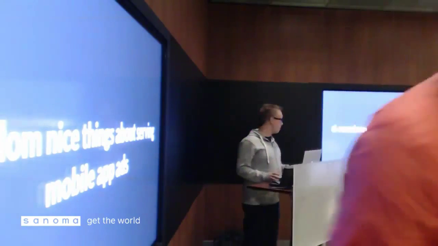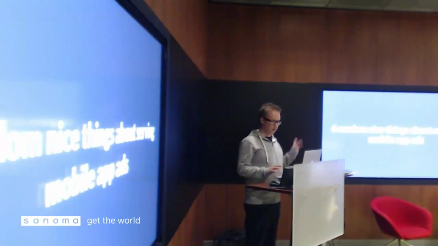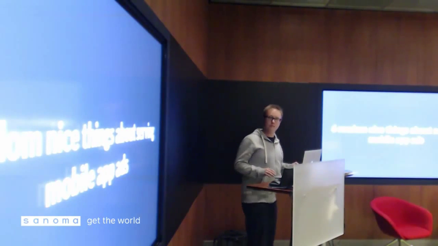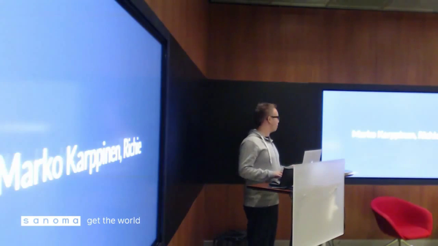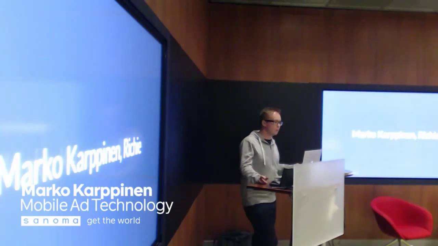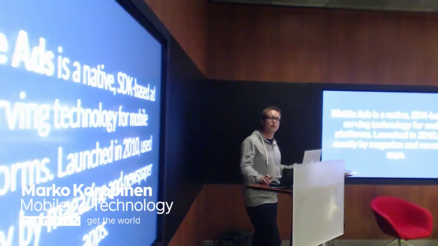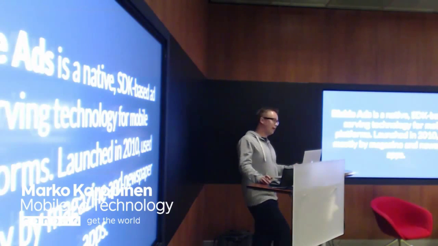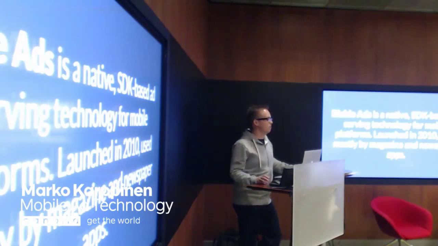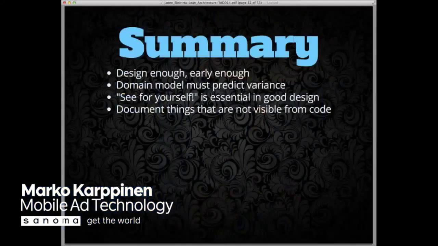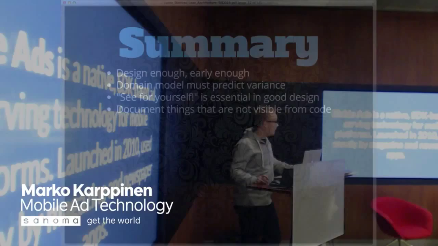So yeah, I'm going to talk about some random things about mobile app ads. I'm Marko Karppinen, and I'm from a company called Ritchie. I run it and I own it. What we do is we have an advertising product called Ritchie Ads, which is an ad serving technology mostly for native applications.